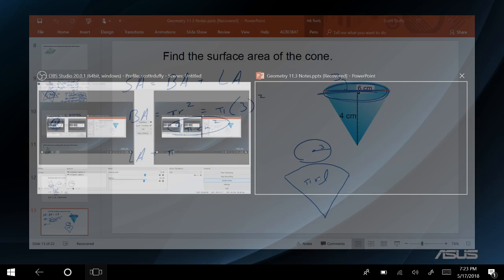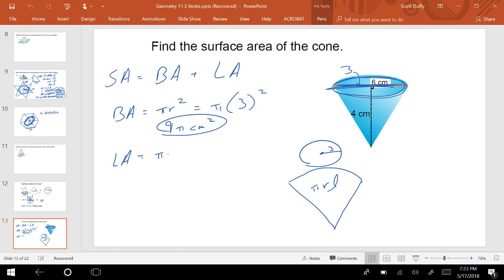Okay. So back to it. The lateral area is equal to pi times the radius times the slant height. And we have a radius of 3. But we don't know that slant height.